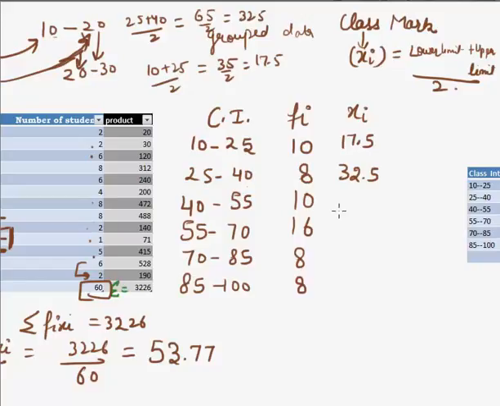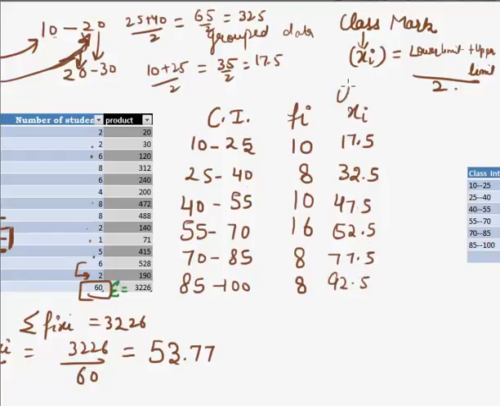For this class interval, it will be 47.5 and then 62.5 and here it will be 77.5 and then 92.5.